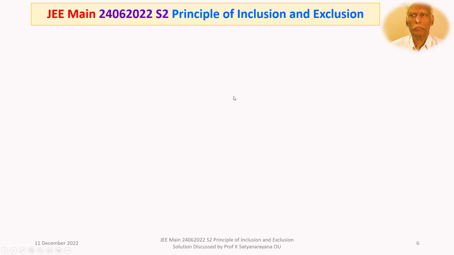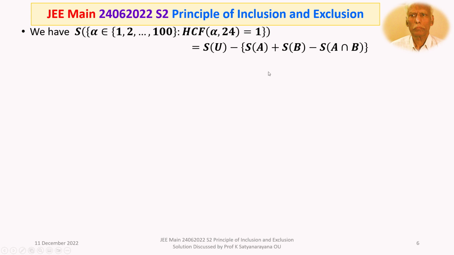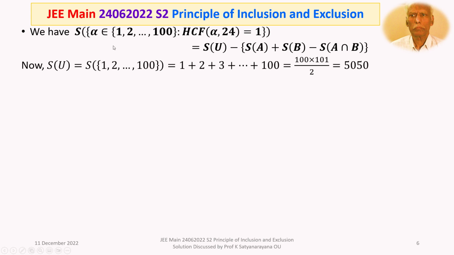This is what we have derived in the last slide. Now U is the set consisting of 1 to 100. S of U, the sum of the elements of U, that is 1 plus 2 plus 3 up to 100, is the sum of the first 100 natural numbers, n into n plus 1 by 2, where n is 100. Substituting, we get 5050. A is the set of all those elements in U which are multiples of 2, that is 2, 4, 6 up to 100.